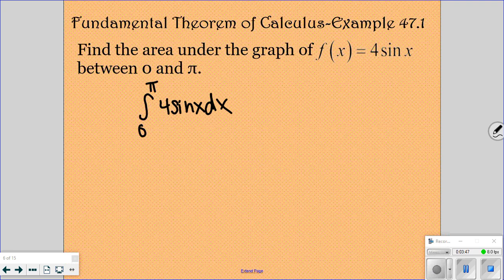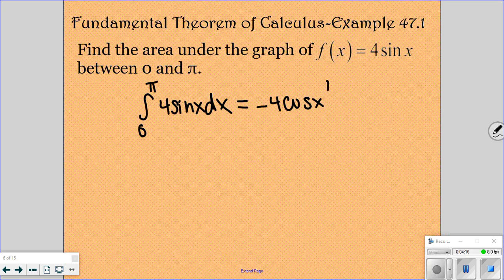Okay, so now we're going to integrate. So if you integrate sine, let's guess 4 cosine. Is the derivative of cosine sine? The derivative of cosine is negative sine, so we should have negative 4 cosine of x.